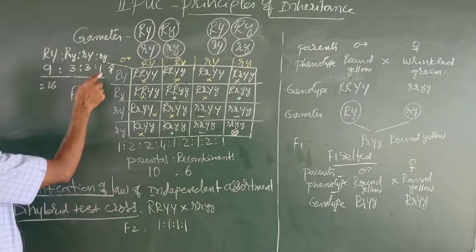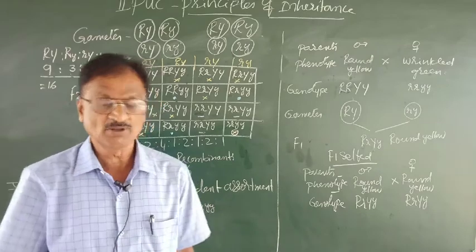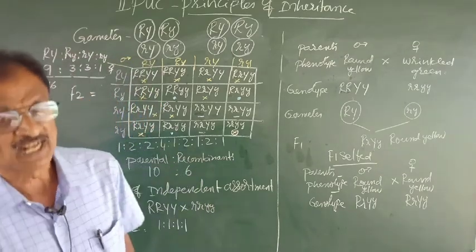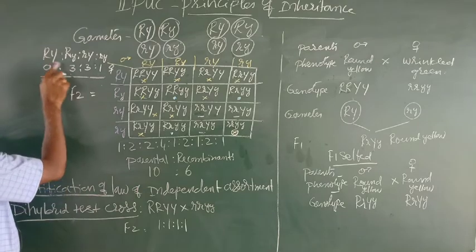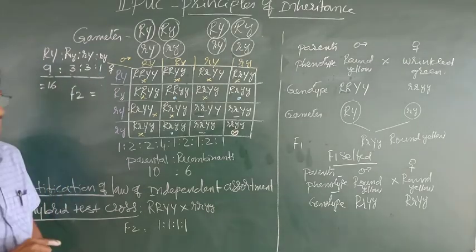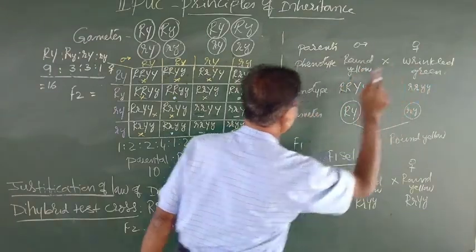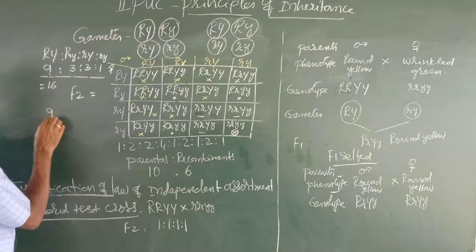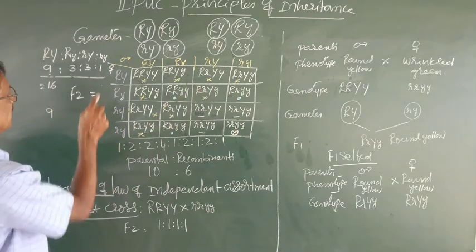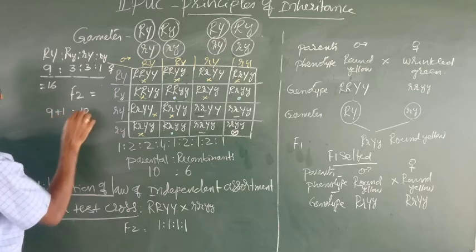Now let us count how many parental individuals are there and how many are the recombinants. Which are the parental individuals? Look at this one, round yellow and wrinkled green. How many round yellow are there? 9. How many wrinkled green are there? Only 1. That is 10.